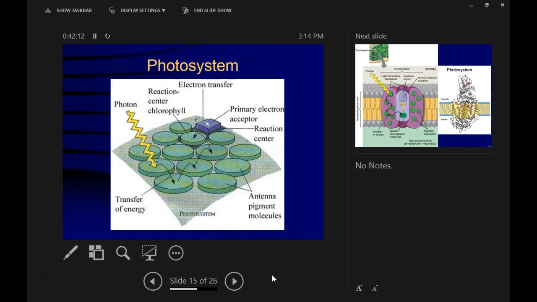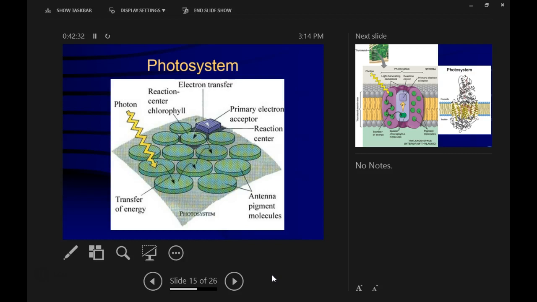So that energy bounces from one chlorophyll molecule to the next. It keeps bouncing around until it gets to this special reaction center.